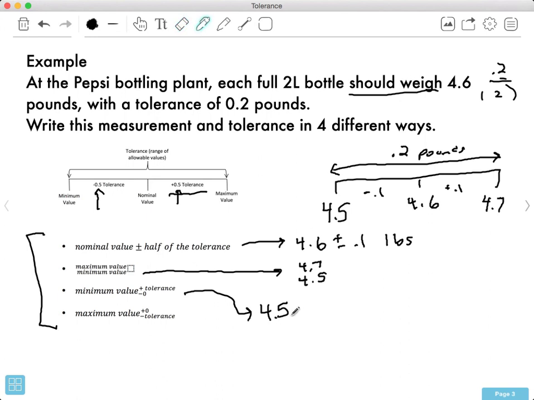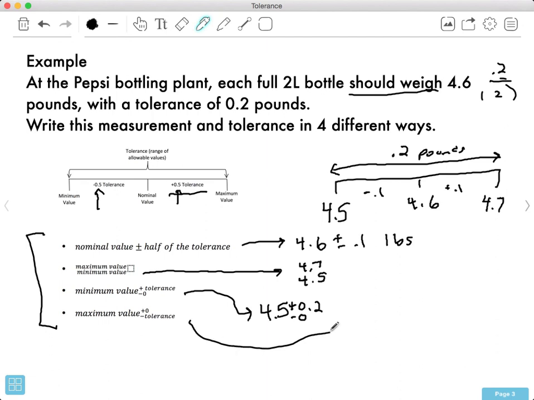So 4.5 minus 0 because I can't go any lower than 4.5, but I can add on as much as 0.2, the full tolerance, right? I can go from 4.5 all the way up to 4.7. That's okay. That is a stretch of 0.2 pounds. So that's how you could write it the third way.